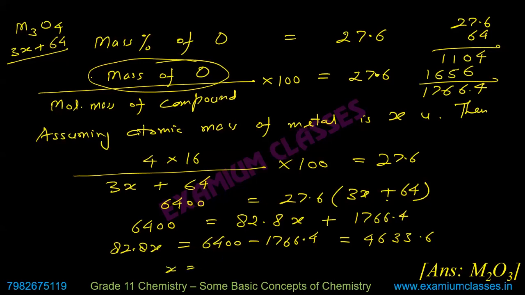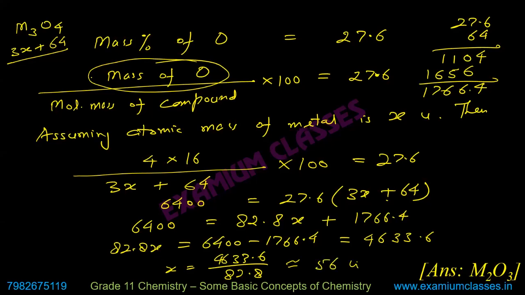Then x will be 4633.6 divided by 82.8. This is something you will have to calculate. Let me just calculate. It will give you 55.96, that is approximately 56.